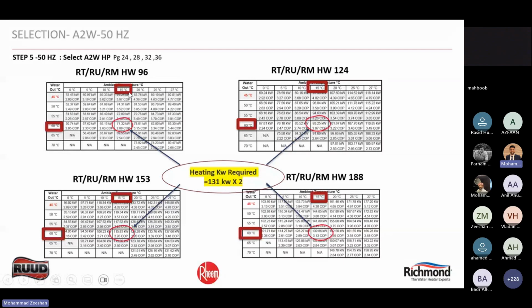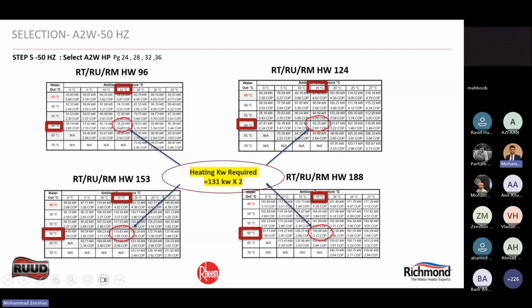The corresponding value is the heating output that you're going to get in that condition for the heat pump. So what this table suggests is that for different ambient conditions and different water out conditions, you have different heating output. This is how the heat pump operates.